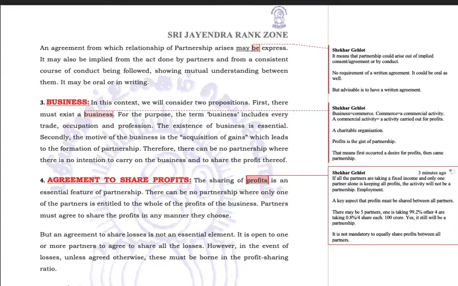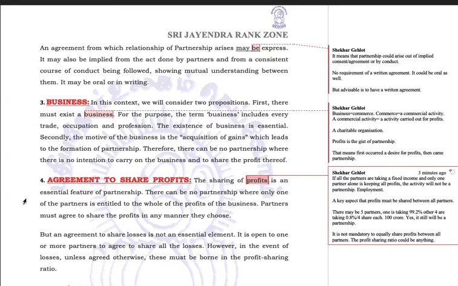Okay, it is not mandatory at all. The profit sharing ratio could be anything. It could be any ratio. It could be 25, 25, 25 or 75, 25 or whatever. Okay, or it could be this as well.